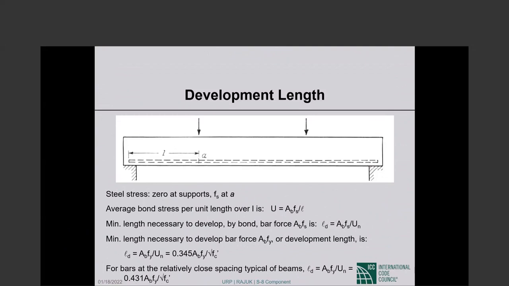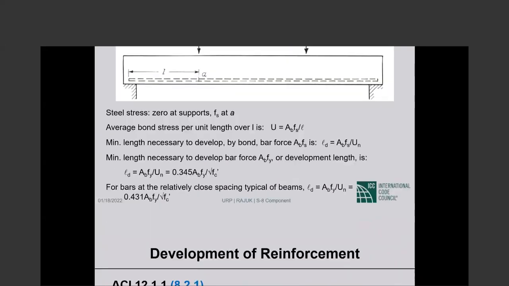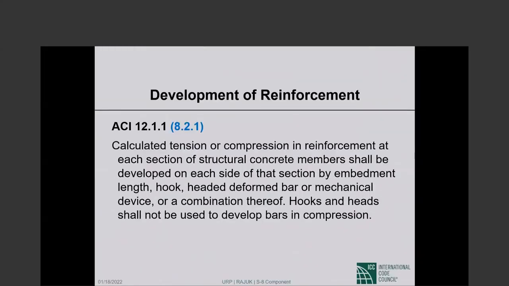That is what we call development length, the length of bar needed to develop full F sub Y. For bars at relatively close spacing, the L sub D development length increases to 0.431 A sub B F sub Y over square root of F sub C prime. Okay.